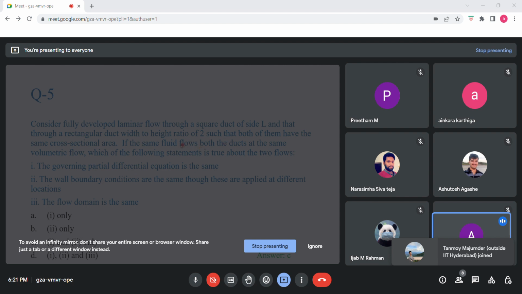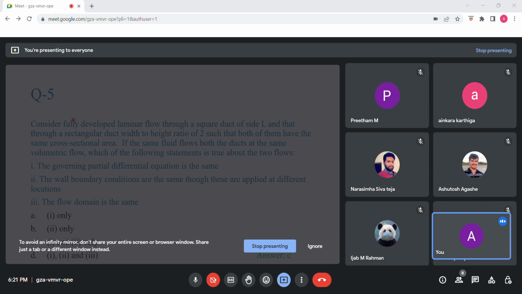If the same fluid flows through both the ducts at the same volumetric flow, which of the following statements is true about the two flows? The answer given is: the governing partial differential equation is the same. The wall boundary conditions are the same, though these are applied at different locations. The flow domain is the same.